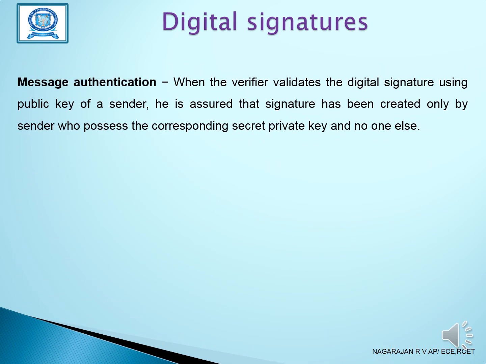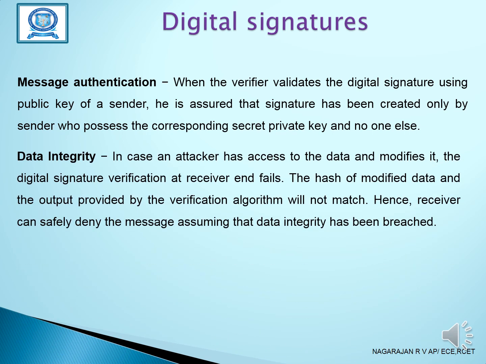Now, digital signature provides message authentication. When the verifier validates the digital signature using the public key of a sender, he is assured that the signature has been created only by the sender who possesses the corresponding secret private key and no one else. Next, data integrity.